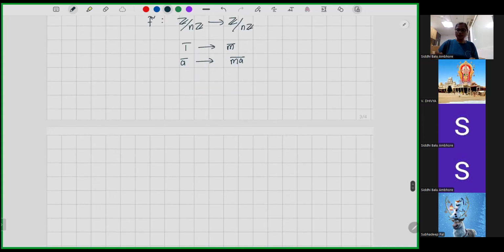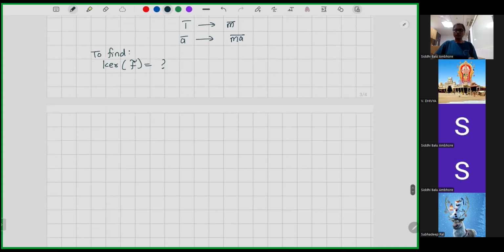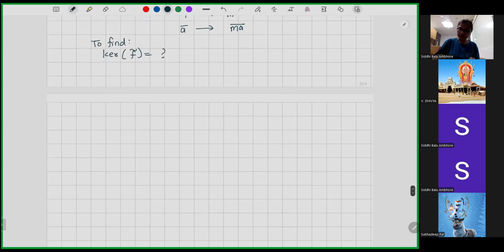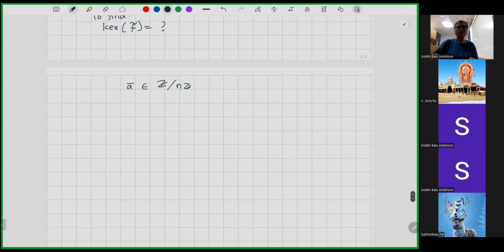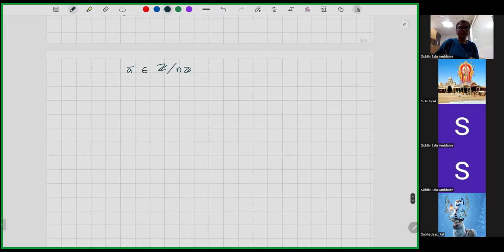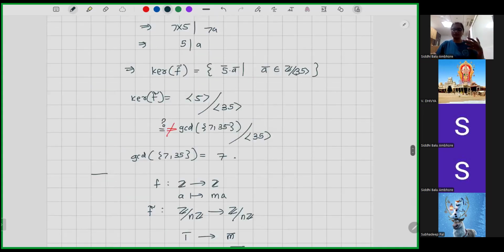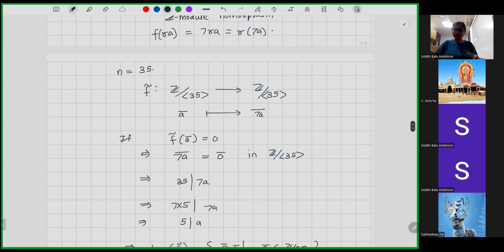So what we have to find is how exactly the kernel of this F tilde looks like. So when I choose some A bar in Z mod NZ, just following the steps in general fashion, like we did the same thing here.